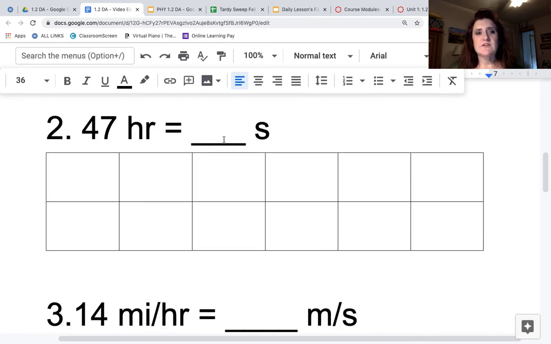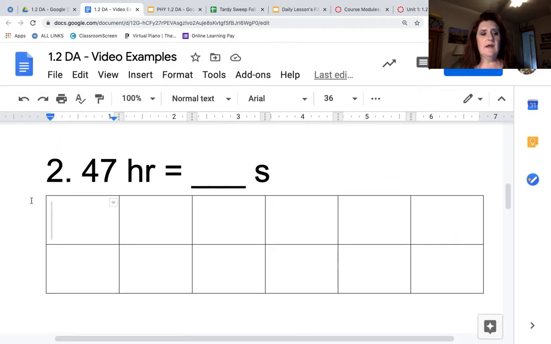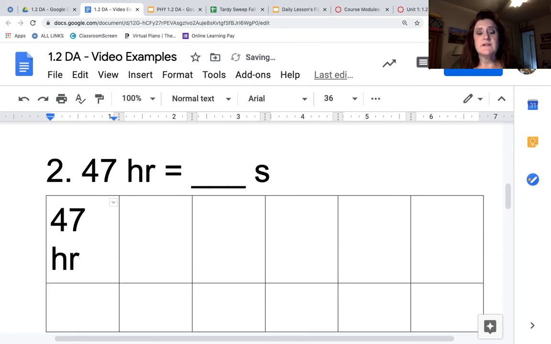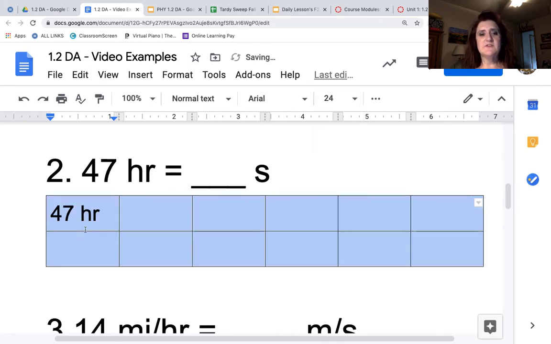47 hours is how many seconds? Okay, so again, I started with a 6x6 grid, and I'm going to start with 47 hours, or 6x2 grid, sorry. I'm starting with 47 hours. I'm going to decrease this font just slightly so that it's easier to see.